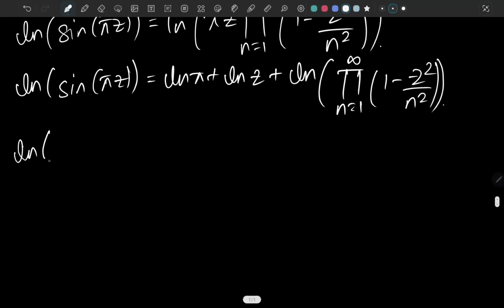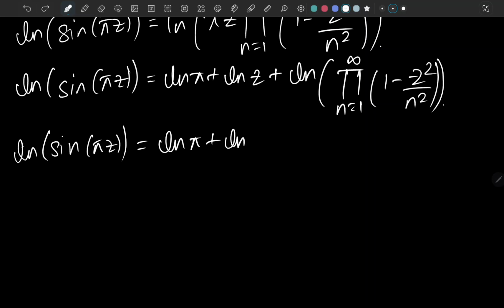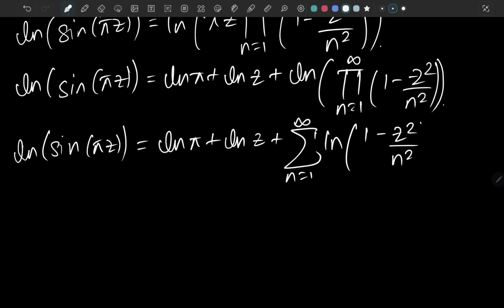So our ln sine of pi z is going to be ln of pi plus ln of z. Wait a second, I think I'm mixing up z. Yeah, it's pretty fine. So this is going to be an infinite sum from n equals 1 to infinity of ln of this argument, as I just told you.